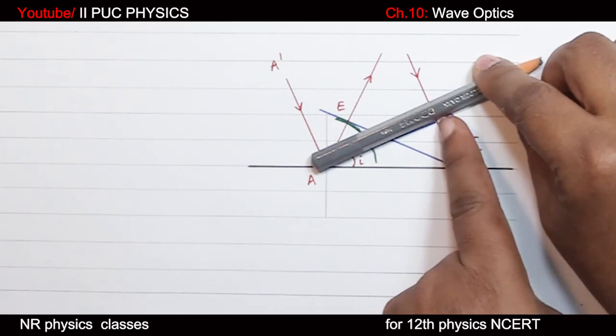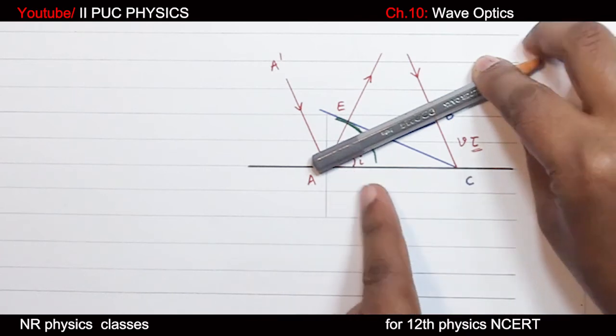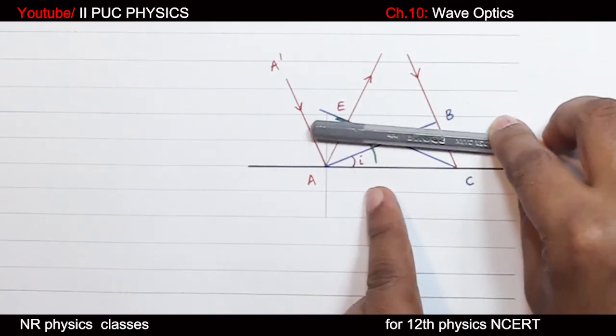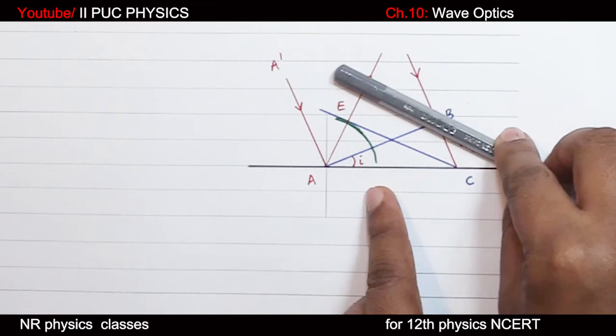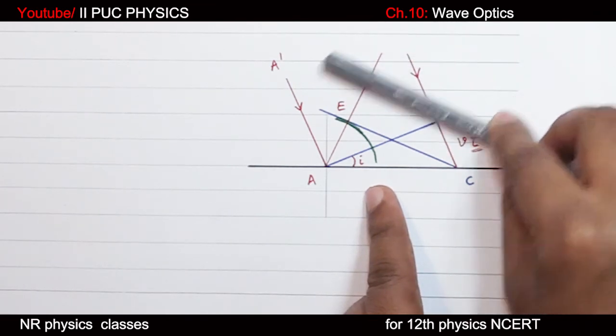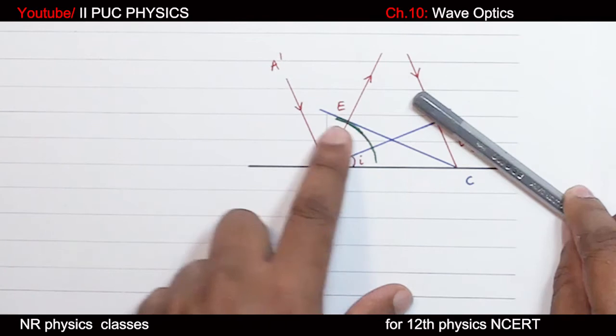When this portion is still traveling in air, this gets reflected, and then the reflected wavefront. So CE is the reflected wavefront.